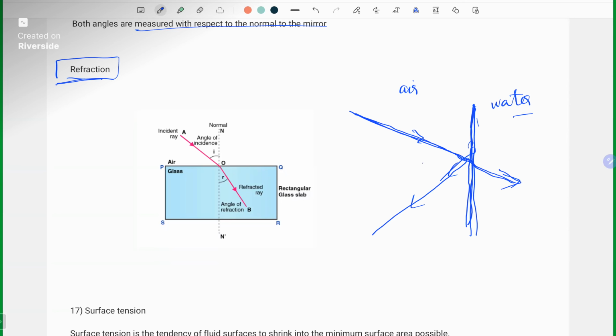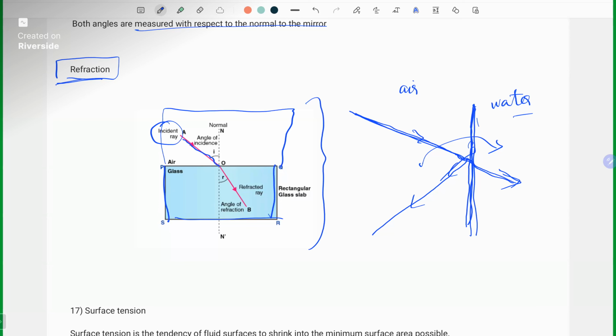It will go from one medium to another. That is basic refraction. We'll study using this image. Here air, and below glass. Okay, we pass an incident ray of light, there is a point of contact, and here we draw the normal. This is the normal.